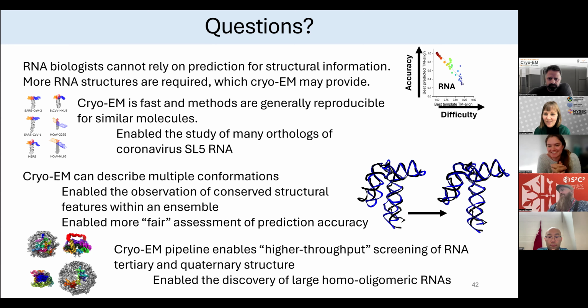Yes, 100%. I'm a big proponent of using multiple methods and learning what you can from each method. Cryo-EM is great for global fold, particularly of these flexible RNAs. Then something like NMR or crystallography, for example in the viral example I showed: if we think the loop structure is really important, we can isolate that loop and create crystals or use NMR to solve the ensemble of loop structures it could have.